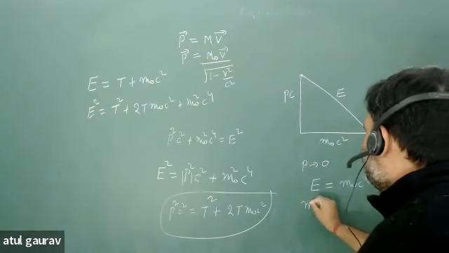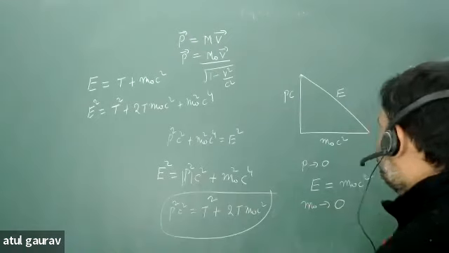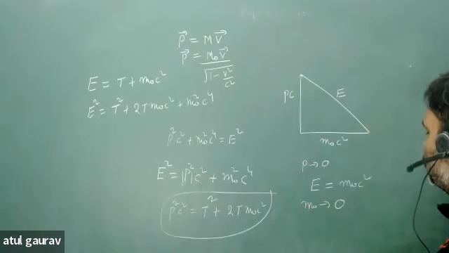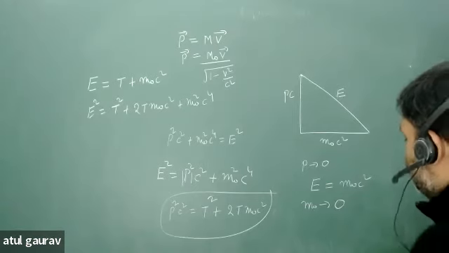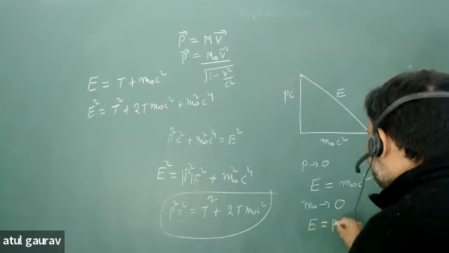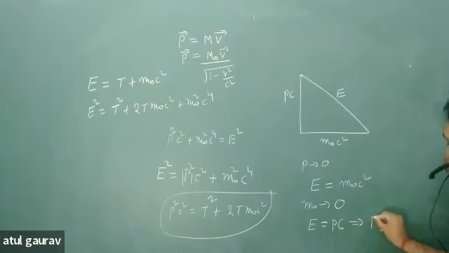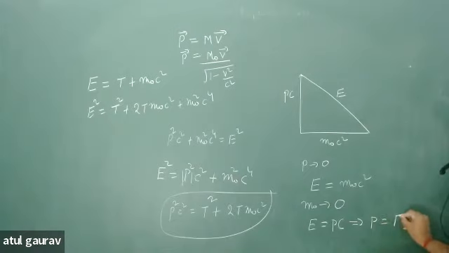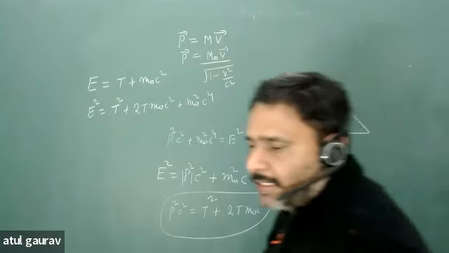If I say my mass is going to 0, then what will happen to my energy? P into c. And you have a concept of momentum where the particle has 0 mass, isn't it?